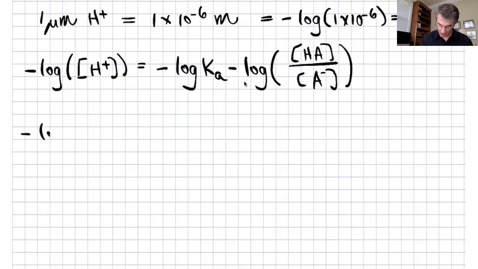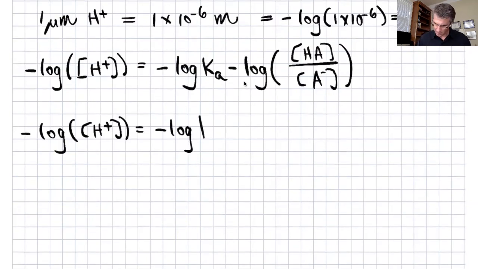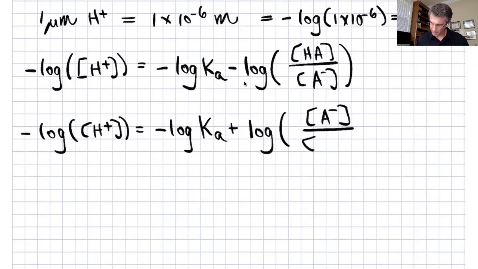So then minus log of the hydrogen ion concentration has got to simply equal minus log the equilibrium constant. I'm going to play a little trick of logarithms. I'm going to flip that ratio over, right, and give it plus log of the concentration of the conjugate base over the conjugate acid, right?